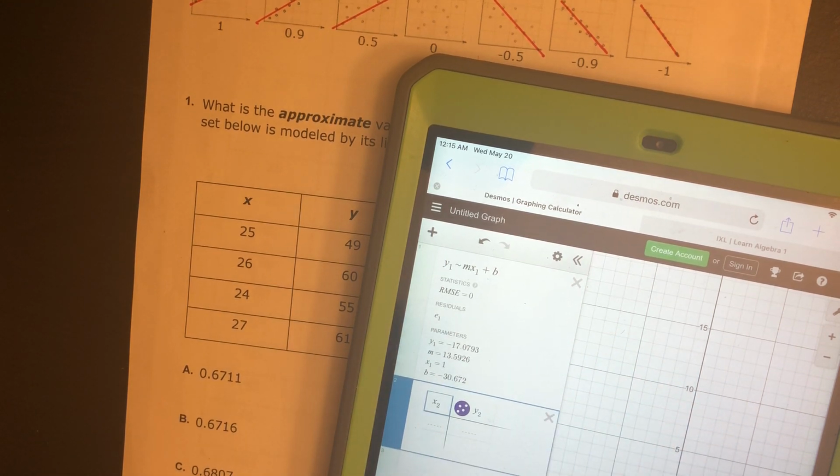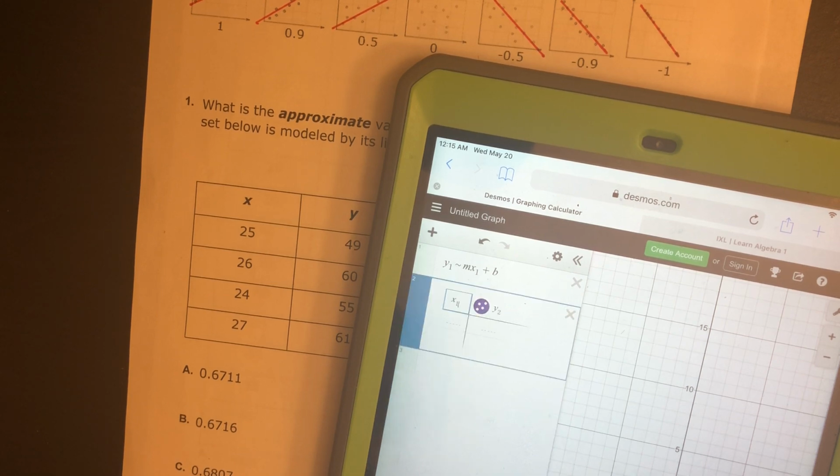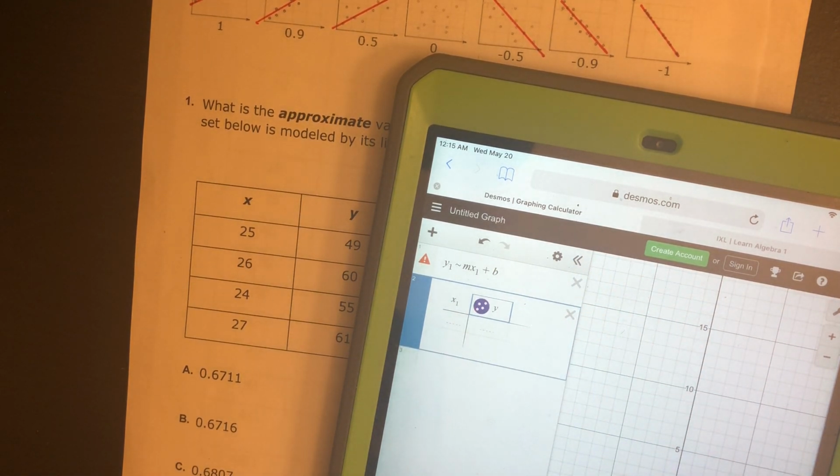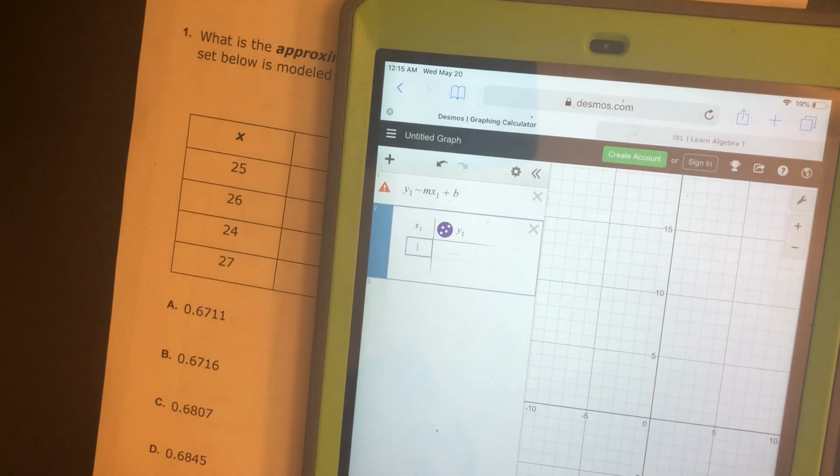And let me change a couple things real quick. There we go. So let's go ahead and type in that table.